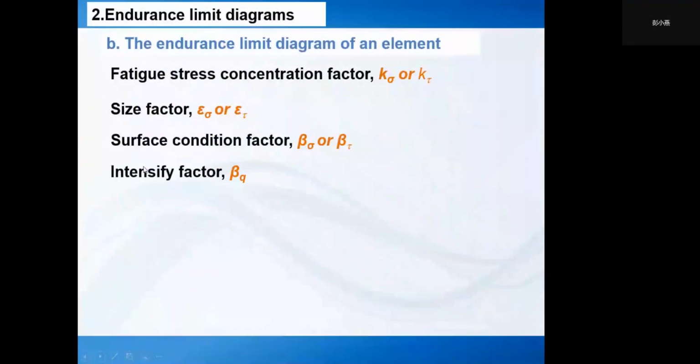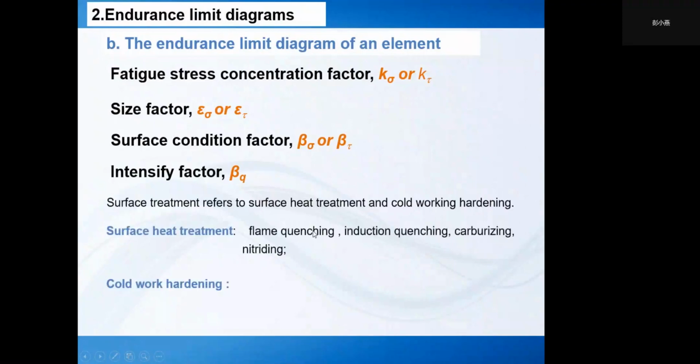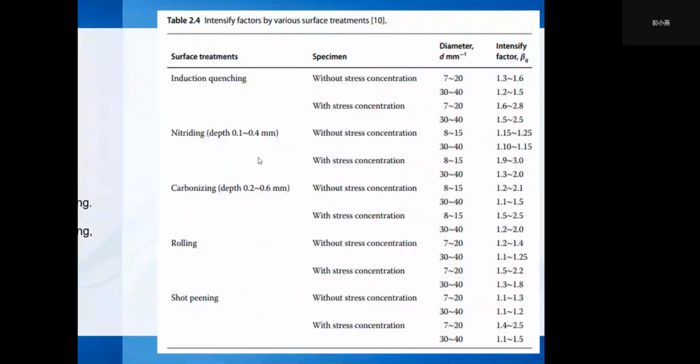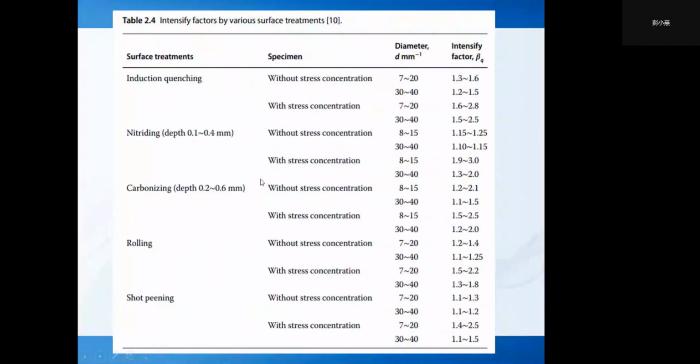And then the intensity factor, beta Q. The effect of surface treatment on vertical stress is measured by intensity factor beta Q, and some intensity factors under different surface treatments are listed in table 2.4 on page 38. Okay.